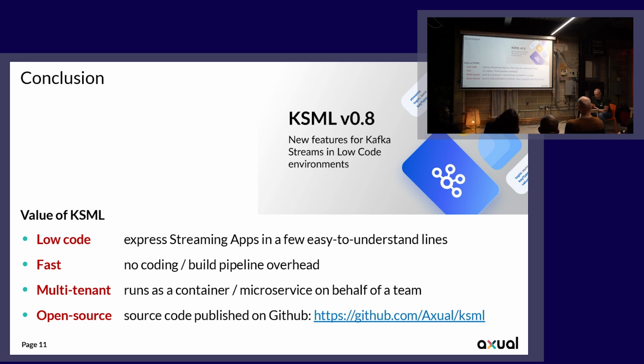But now this was something that we just specified, and we got it up and running quite quickly. It's multi-tenant, so it runs on your behalf, meaning that if you have a DevOps team, you can just specify your own YAML, have a container run, interpret the YAML for you, and have it run on your behalf. And it's open source, and it's published on GitHub.